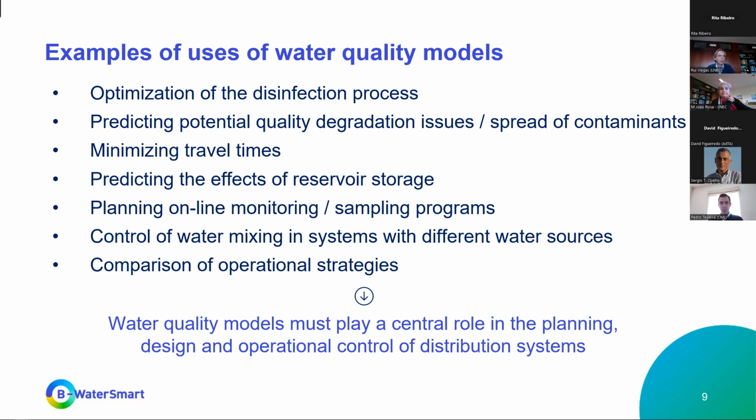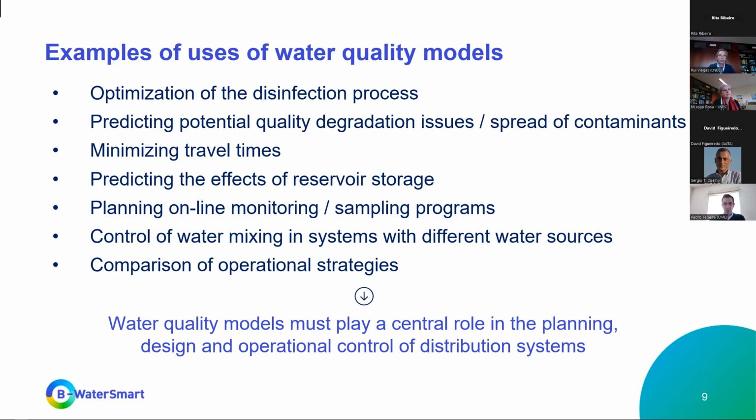For comparing operational strategies, the way that we can operate the distribution systems. So in conclusion, water quality models should play a central role in the planning phase, in the design phase, and also in the operational control of the distribution systems.